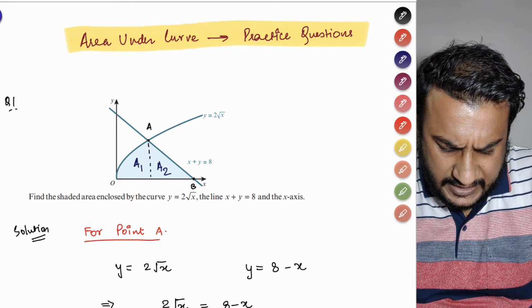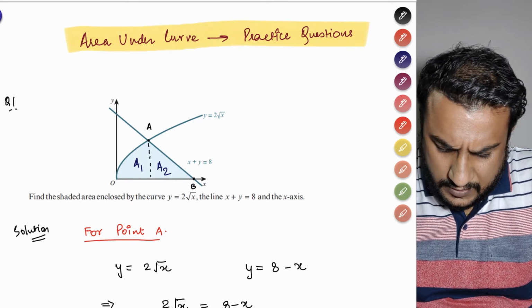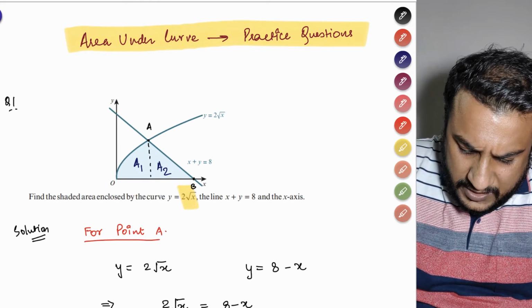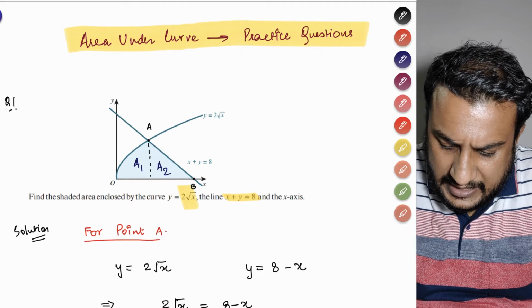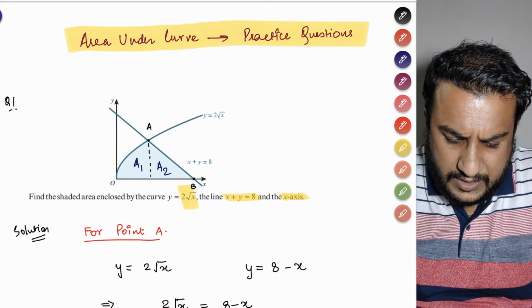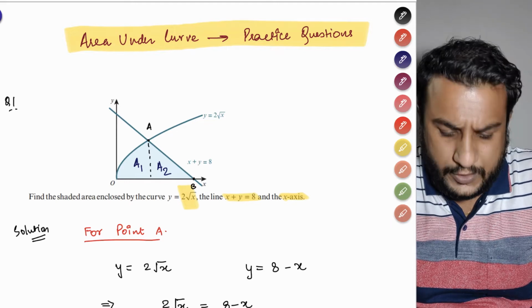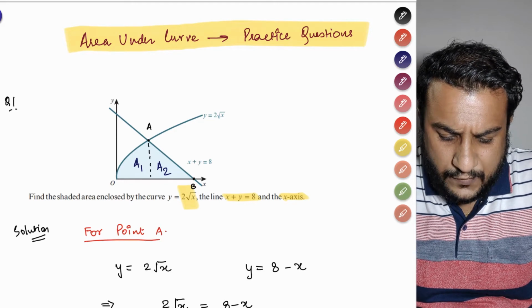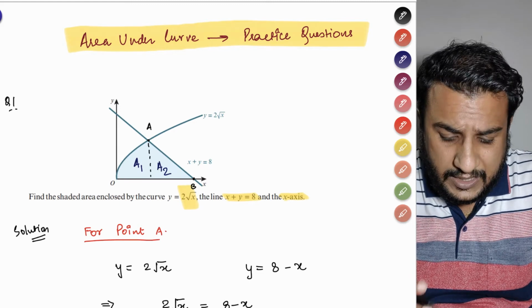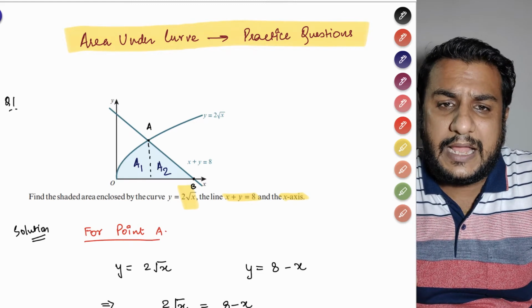Find the shaded area enclosed by the curve y equals 2 root x and x plus y equals 8 and the x-axis. You can easily see the sketch is already drawn for you. Now if you observe carefully, the area is not enclosed by the complete curve or by the complete line.